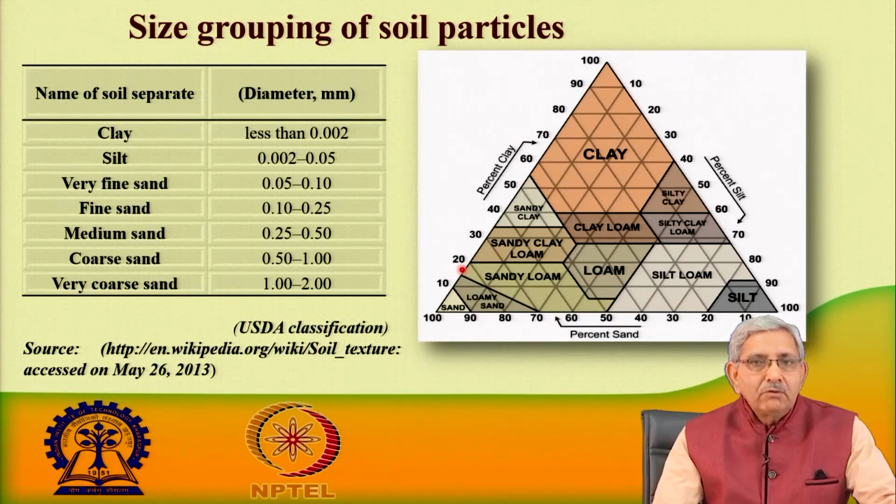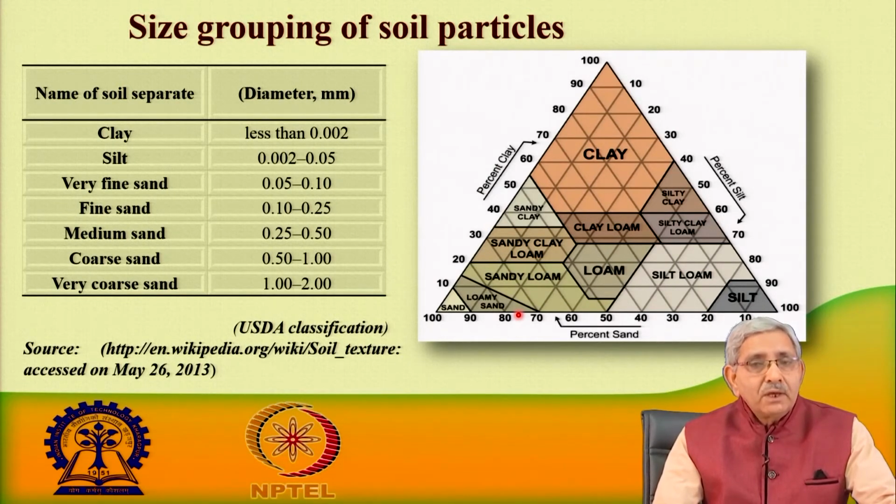If you take a particular triangle, this is a sandy soil where 90% is sand and 10% clay. But when all three are present, you can see different triangles form, so their nomenclature has been made based on their proportion.